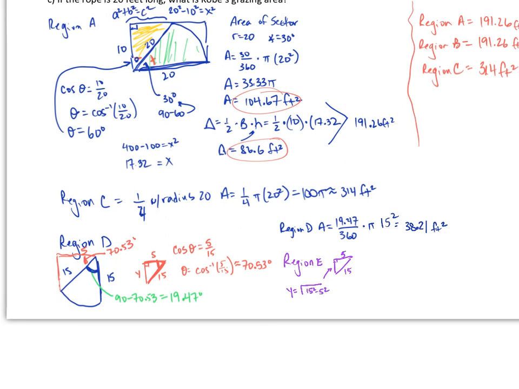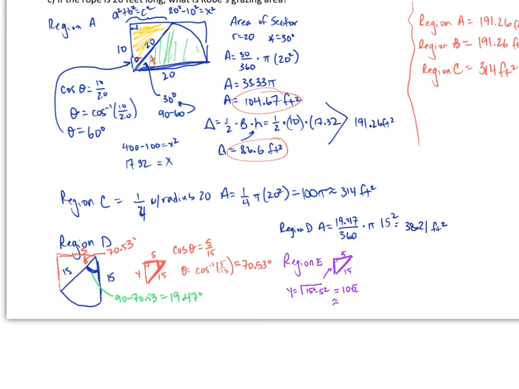Because 5 squared plus y squared equals 15 squared, Pythagorean theorem. Solve it. I know you guys can do that. So y ends up being 225 minus 25, 200, so that'll be 10 root 2.